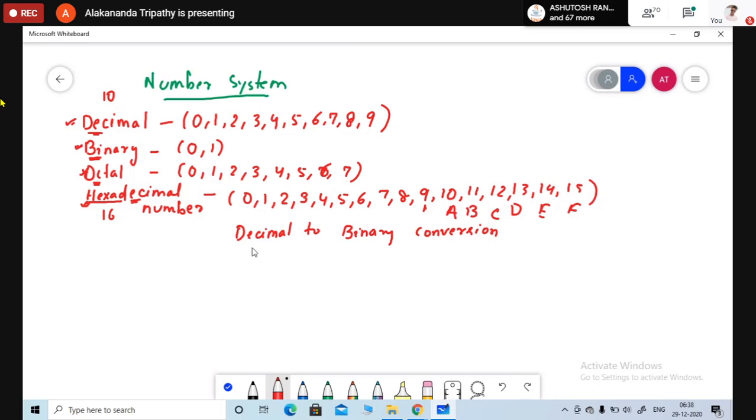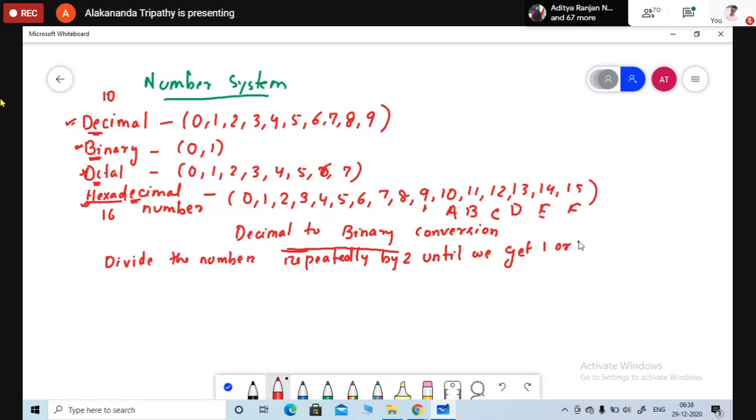Whenever we are going to convert a decimal number to binary, what are the things we are going to do? We repeatedly divide the number by 2 until 1 or 0.